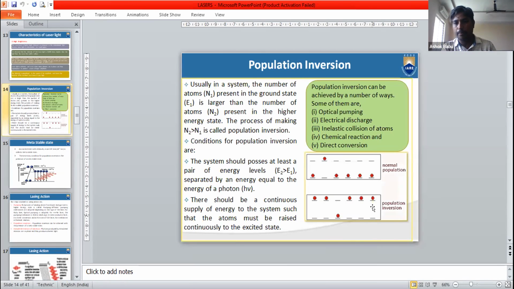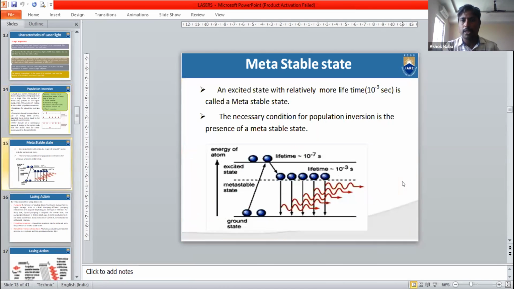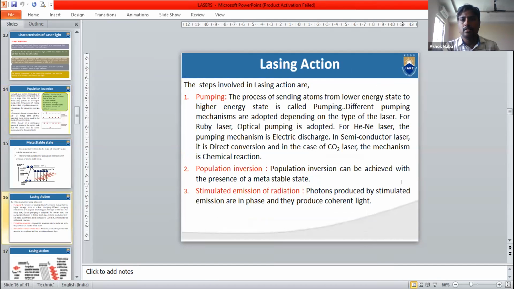One represents the usual population of energy levels of atoms, and the second is population inversion. The metastable state is the energy level in which atoms spend the maximum time.